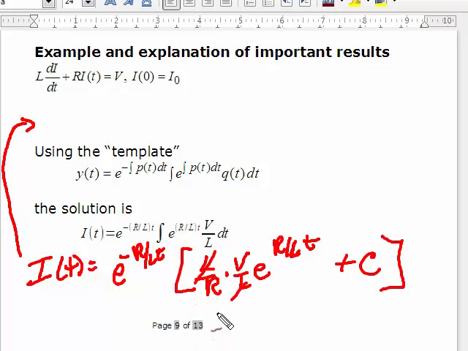These cancel, obviously, and when I distribute through this e to the minus R over L t, it combines with the first one and becomes 1, but is still present on the other term.